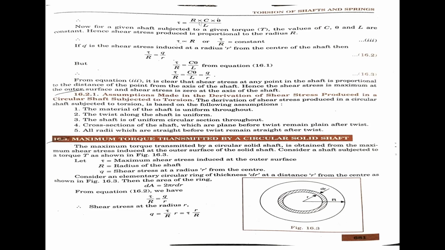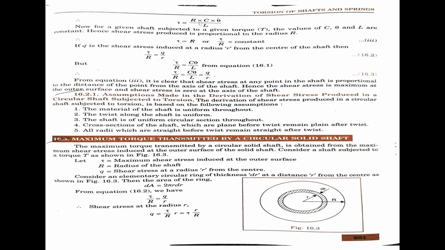Hence, the shear stress is maximum at the outer surface, and shear stress is zero at the axis of the shaft. That is the main concept. At the outer surface you have maximum shear stress, and at the center of the shaft, zero shear stress is produced.